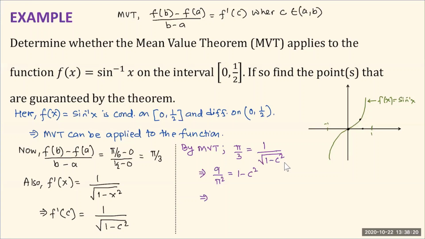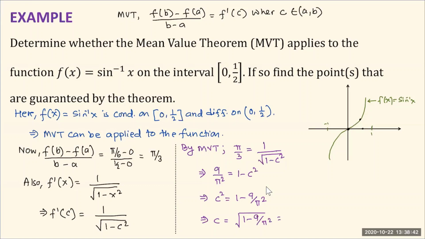I'm looking for c, so I have to bring that c squared to the left-hand side. It will be positive c squared. Move this to the other side and subtract. So it will be 1 minus 9 over pi squared, which implies c is equal to the square root of 1 minus 9 over pi squared.